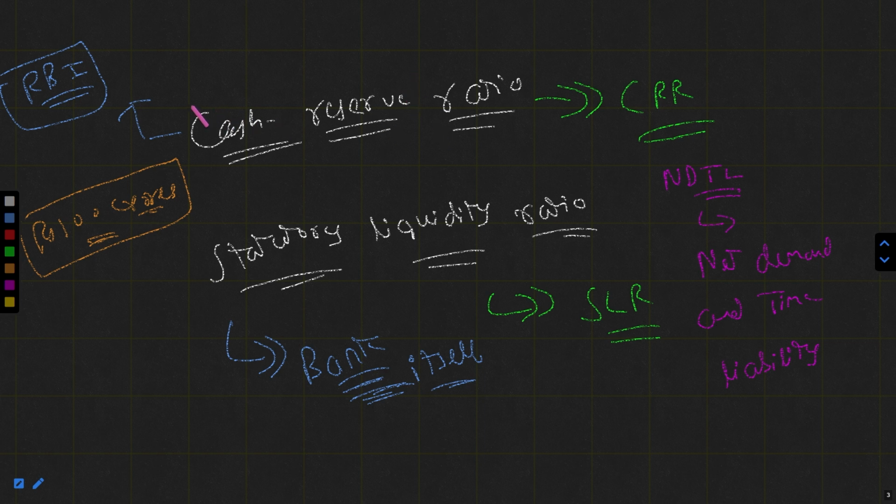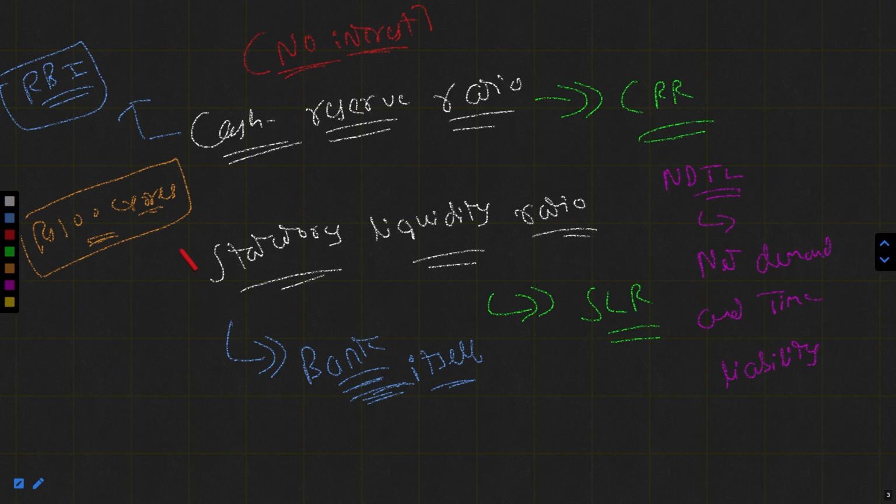So the bank has to submit a certain percentage as CRR with the Reserve Bank of India, and we have seen that no interest is provided to the bank by the Reserve Bank of India on account of submitting CRR. Neither can the bank use it for further investment.